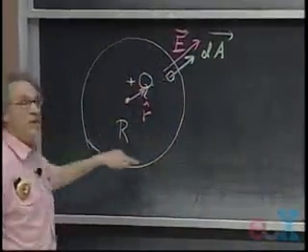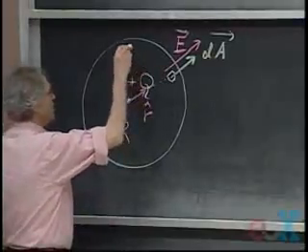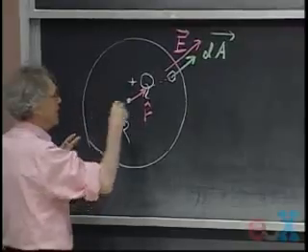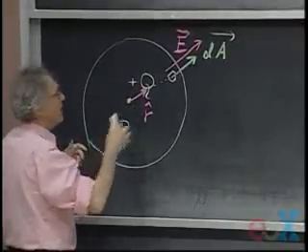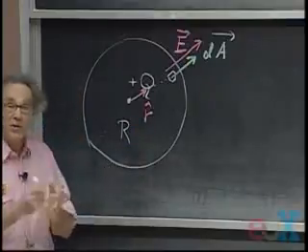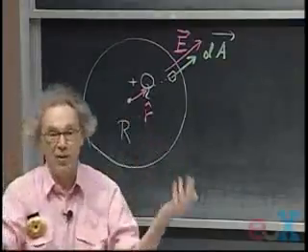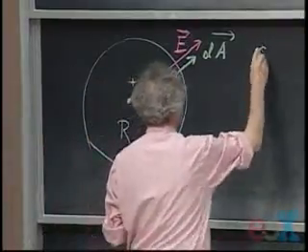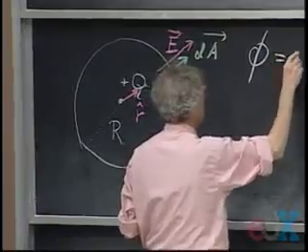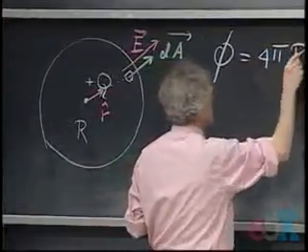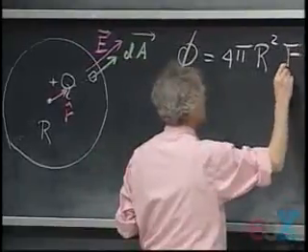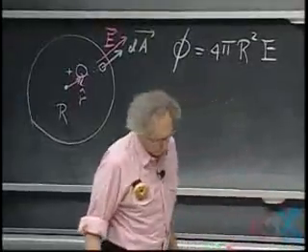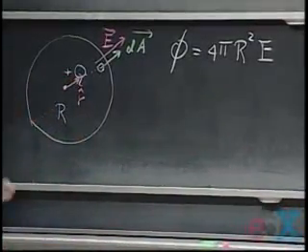Because since this is a sphere, the E vector in magnitude is everywhere the same, because the radius is the same distance to this charge, and dA and E are parallel. So it's simply the surface 4 pi r squared of that sphere times E. And so now I have that the total flux through that closed surface is simply 4 pi r squared times E. Well, what is E?